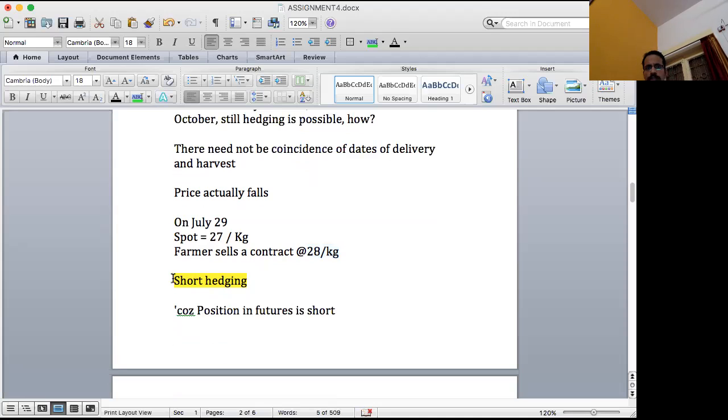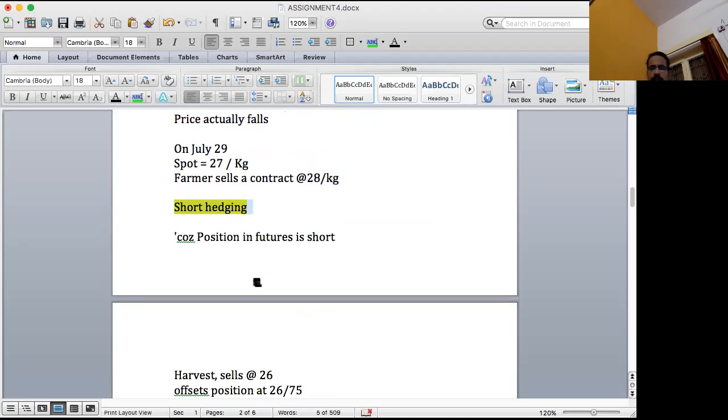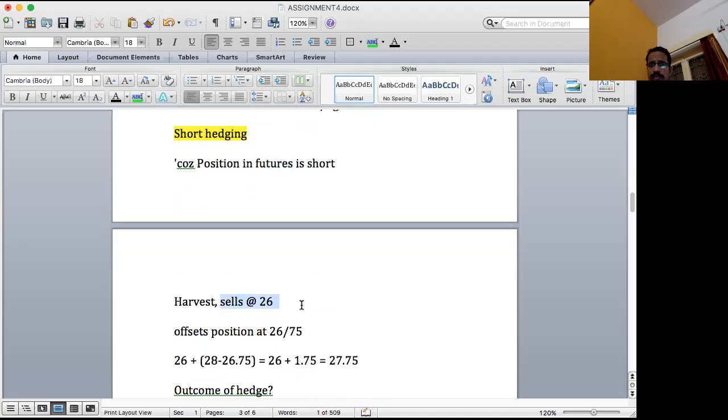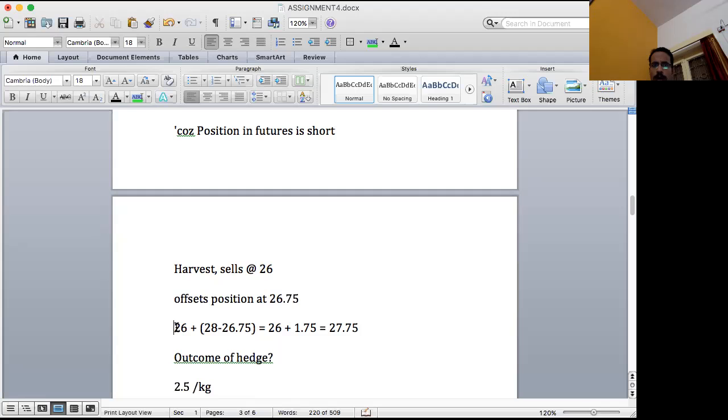Now, what is the short hedging strategy here? His position in futures is short, because he is selling a future. So in October, when the harvest comes, he sells it at 26 and offsets his futures position at 26.75.